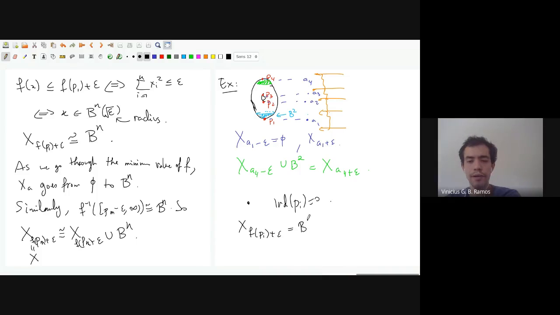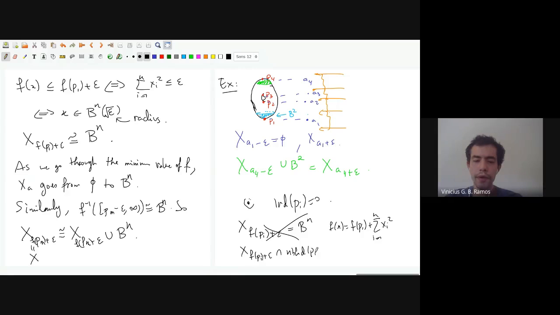You can't say this in general, because you know that in a neighborhood of pi the function looks like f of pi plus this sum. So in a neighborhood of pi, the intersection of this with a neighborhood of pi is indeed Bn. But this manifold here could have other parts.